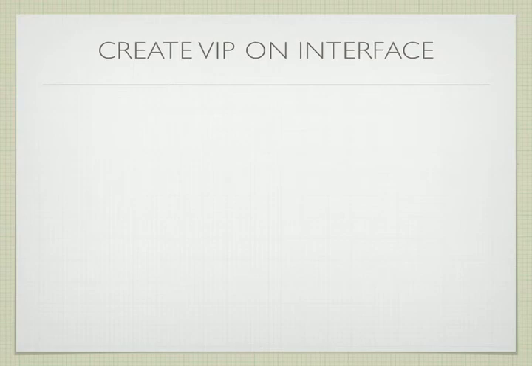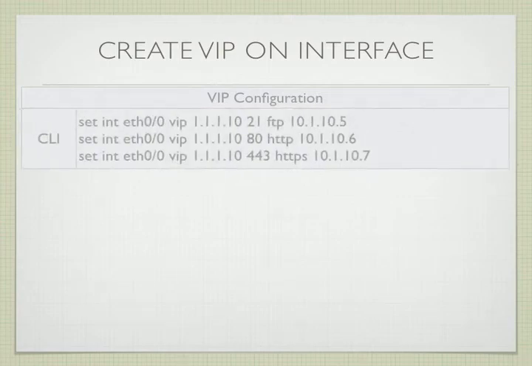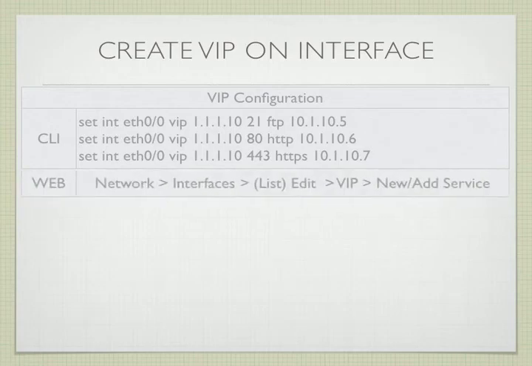So VIPs get created on the interface in which the traffic arrives and is handled. So here's our three, port 21, 80, and 443, going to servers 10.1.10.5, .6, and .7. We create a VIP forward then on Ethernet 0/0 for all three of those. And then on the web interface, this is again a tab on the interface itself when you choose edit.